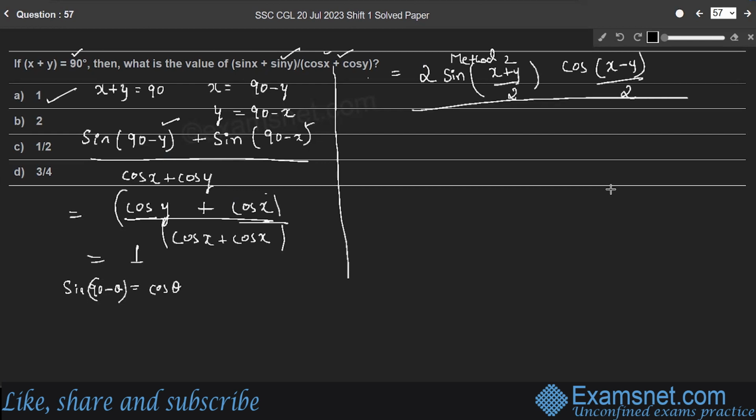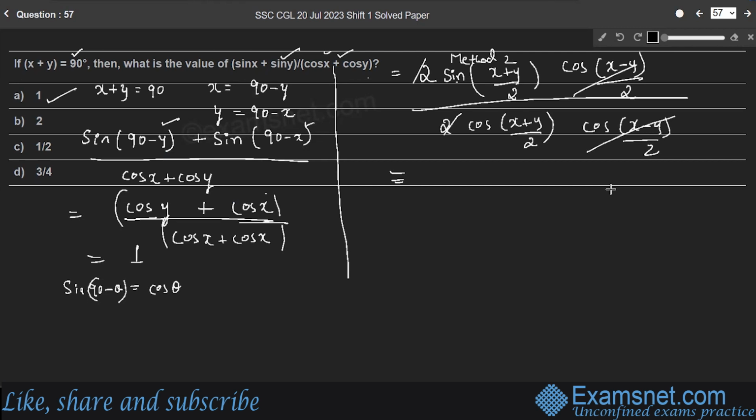Whereas cos x plus cos y is 2 times cos of x plus y by 2 into cos of x minus y by 2. Right? Here we can cancel cos x minus y by 2 and cos x minus y by 2, and 2 and 2. So the remaining term is sin theta by cos theta.